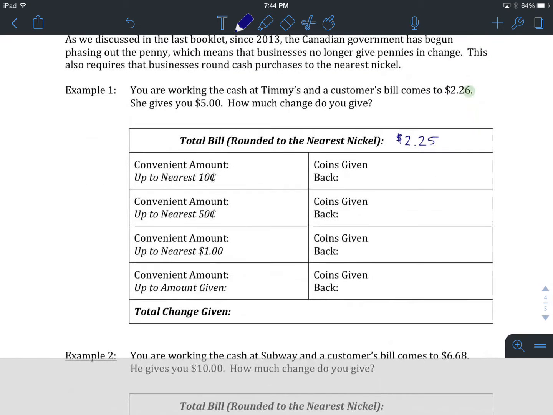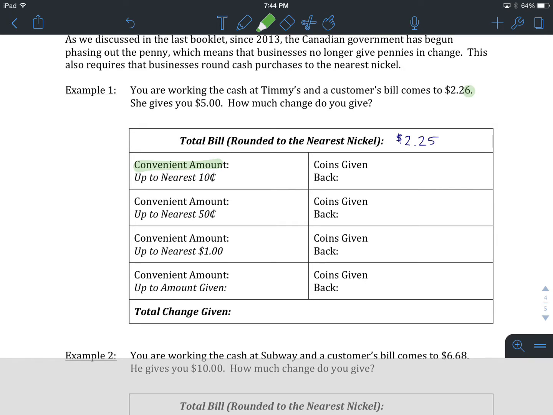Now the process we're going to perform next is a series of providing our customer with sequentially larger coins. So we're going to start with the smallest coin that we have to move our total up to a convenient amount to the nearest dime.